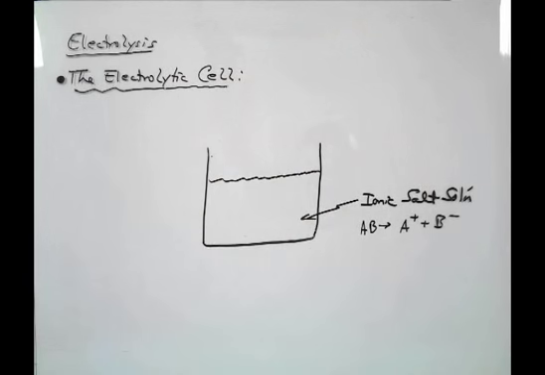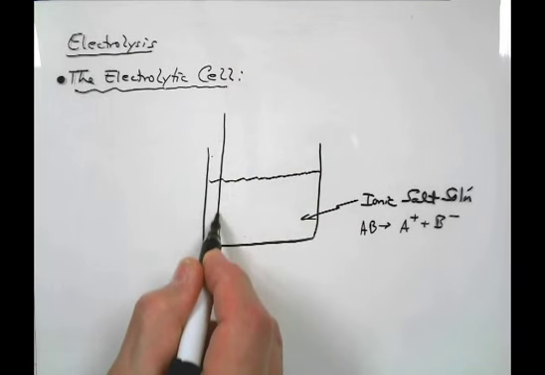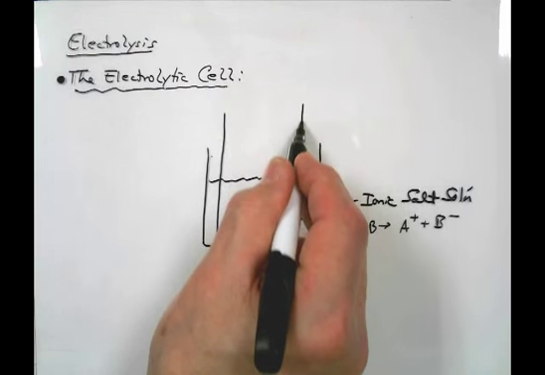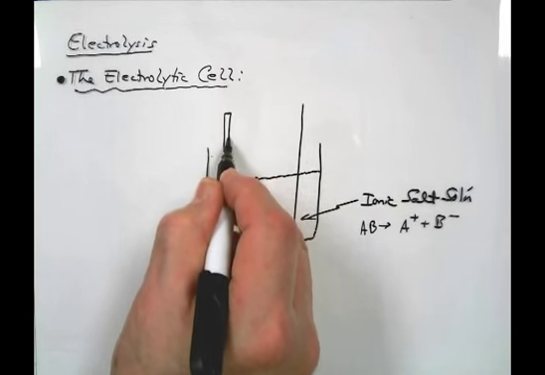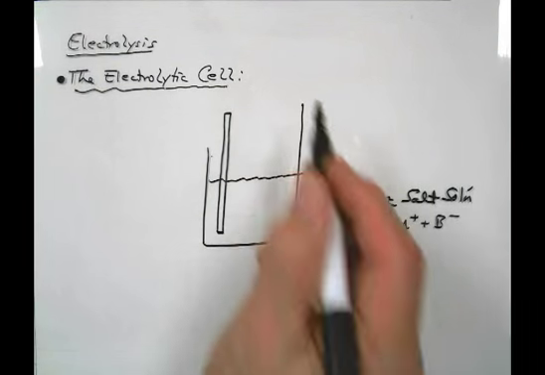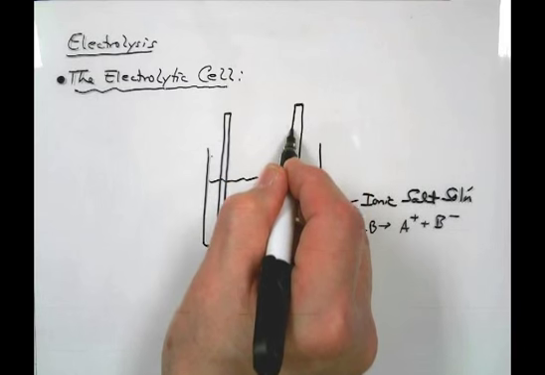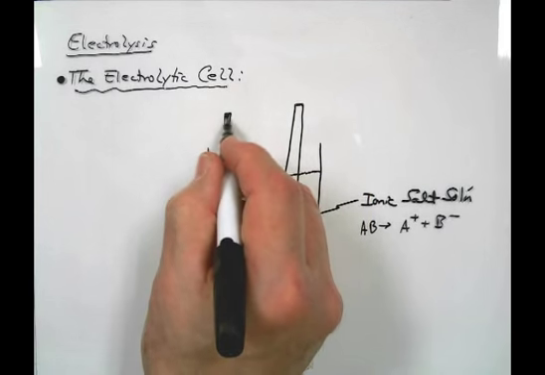So you have this collection of ions floating around in solution. Then there is in the solution a pair of what we call inert electrodes, and in the case that I will be discussing, these will be graphite electrodes.